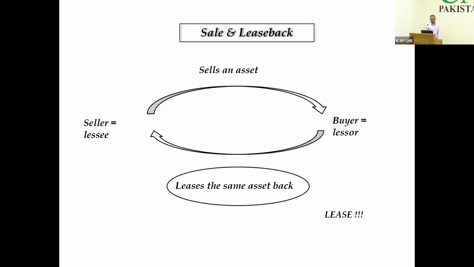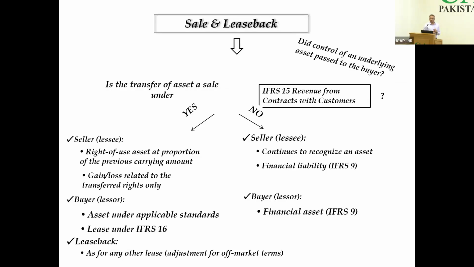Okay, then we are with the sale and leaseback. The sale and leaseback is a very important area, and the accounting of sale and leaseback is materially changed by IFRS 16. First of all, this standard requires that you determine whether the sale and leaseback is basically a sale and then leaseback, or a financing arrangement.